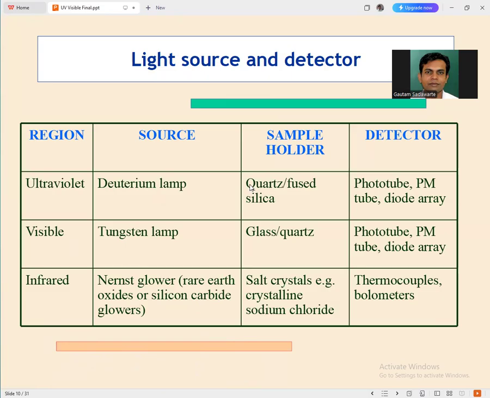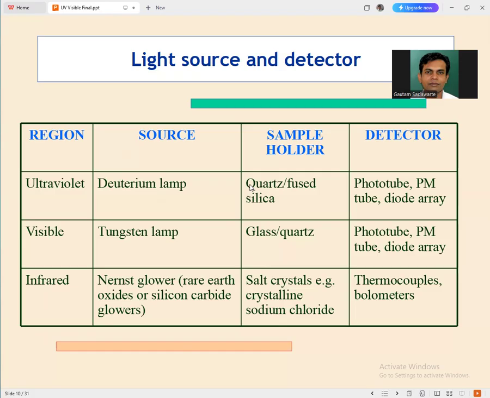There are various sources of light. For ultraviolet, quartz or fused silica is used as the sample holder, and a deuterium lamp is used as the light source, with a phototube as the detector. Next is visible, in which a tungsten lamp is used as the light source, glass or quartz as the sample holder, and a phototube or diode array as the detector.